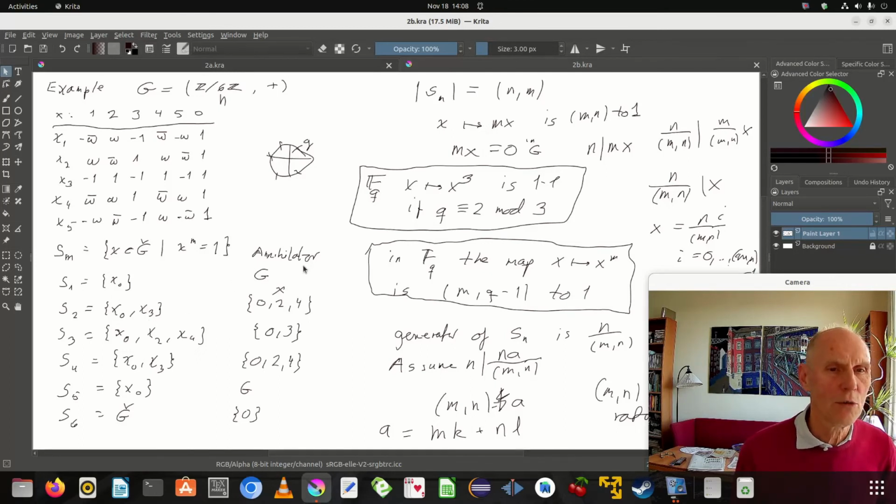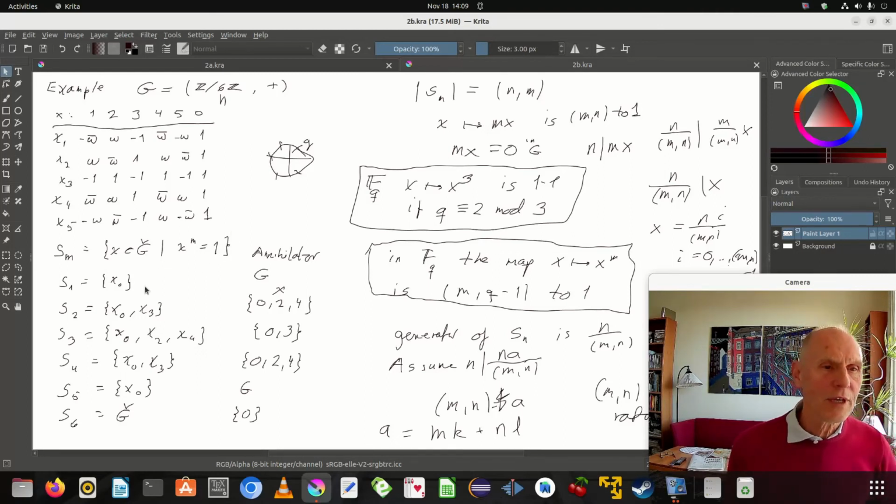I didn't know what to call it, so I called it the annihilator. It's not really true, because the annihilator is usually a group of this group as well. But since they're isomorphic, maybe the word annihilator is okay after all.